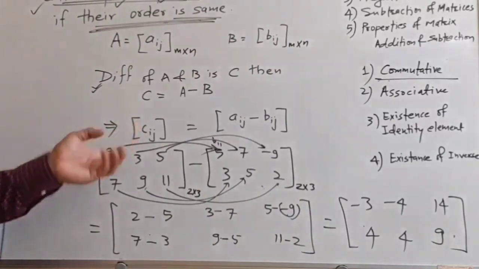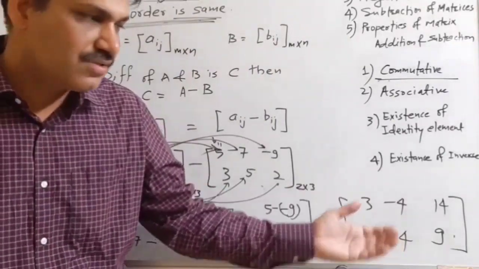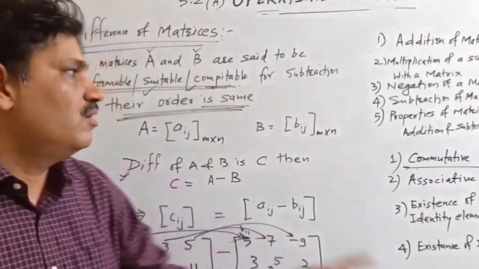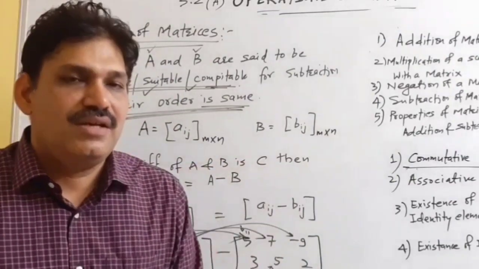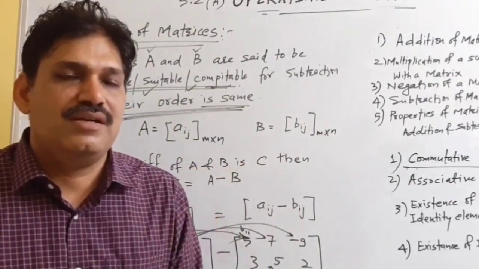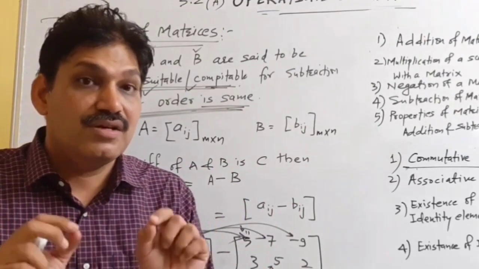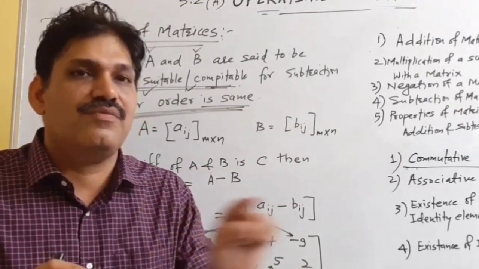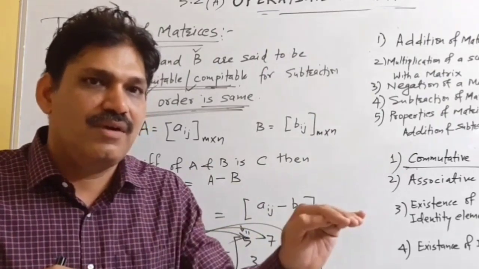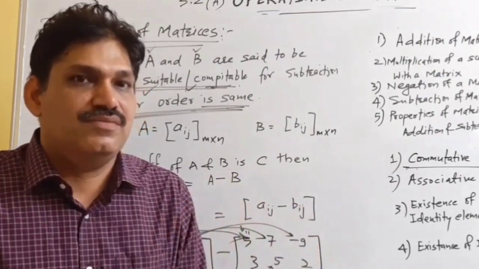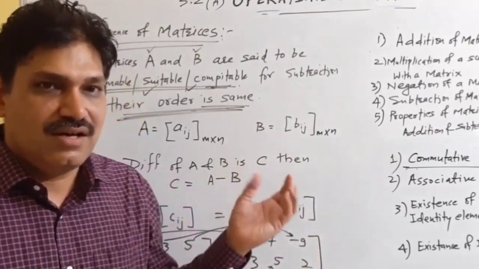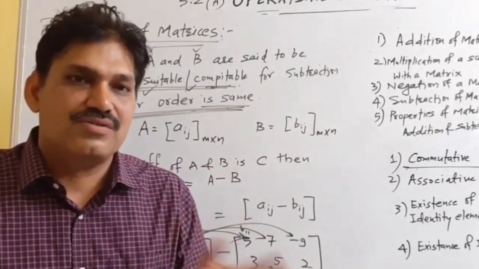So the sum or the difference will be a matrix of the same order. To get the sum or the difference of two matrices, we must have the order of both or all the matrices the same, so that the matrices are conformable or suitable for addition or subtraction.